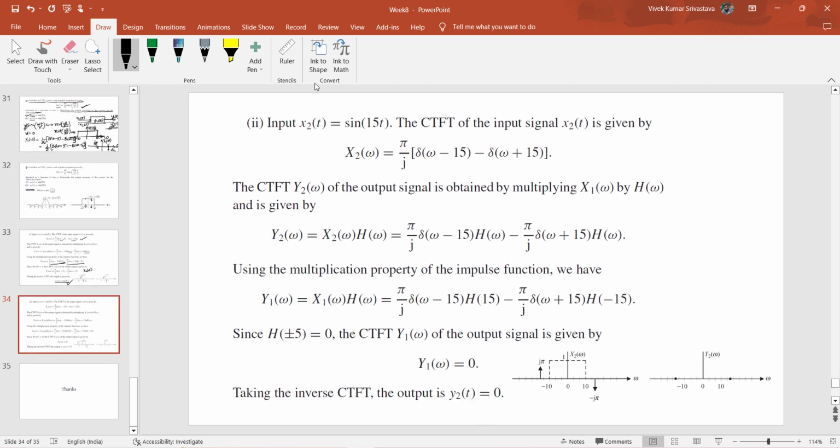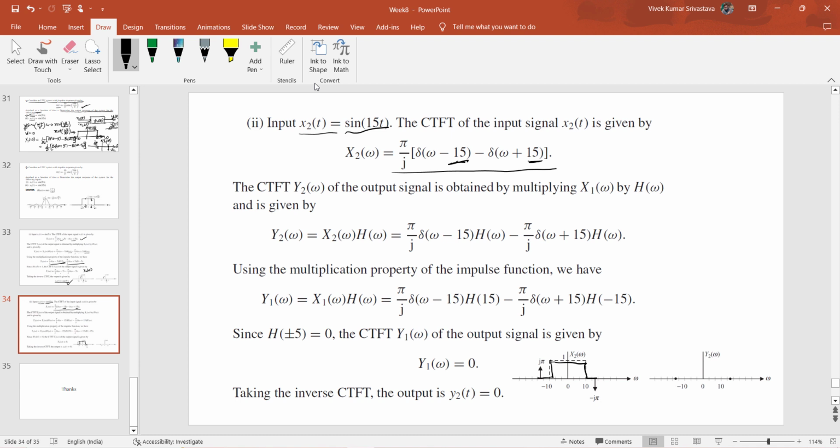Whereas for the second problem, where the input is sin(15t), once you evaluate X2 of omega, you will get two delta functions placed at minus 15 and plus 15, which are outside the rect function of the system.